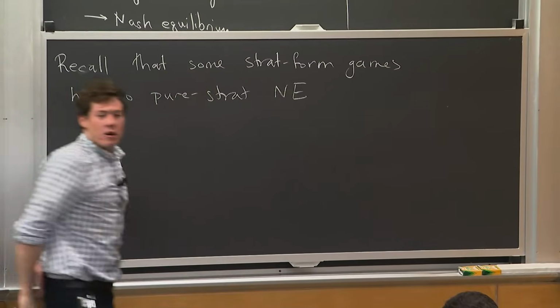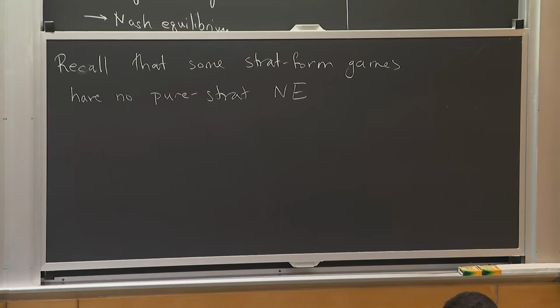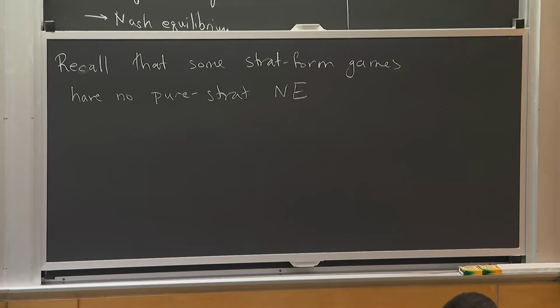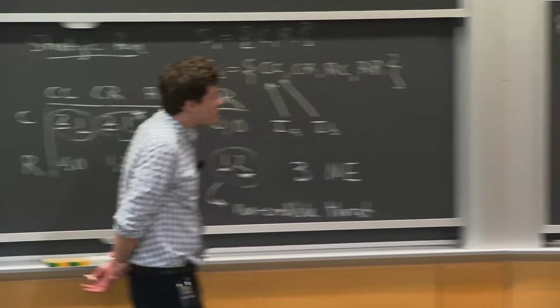Can you remember an example of a finite game that doesn't have a pure strategy Nash equilibrium? Yeah? Rock, paper, scissors. Rock, paper, scissors is a great example, right? So its unique Nash equilibrium is we each mix 1/3, 1/3, 1/3.